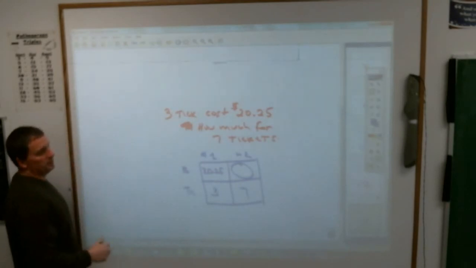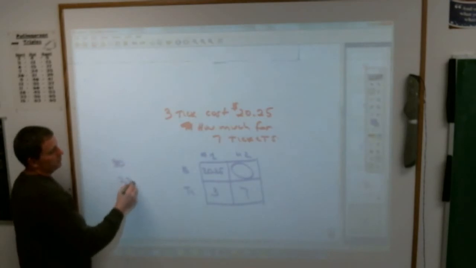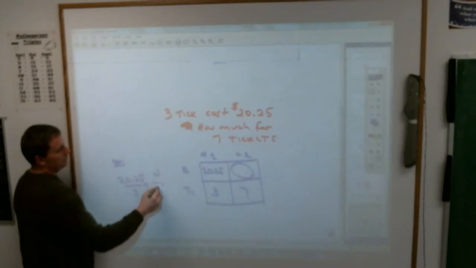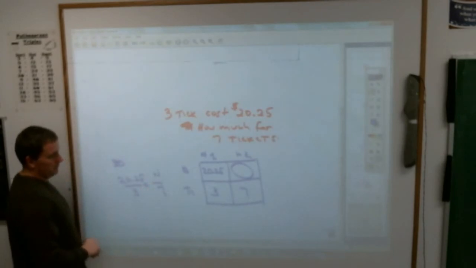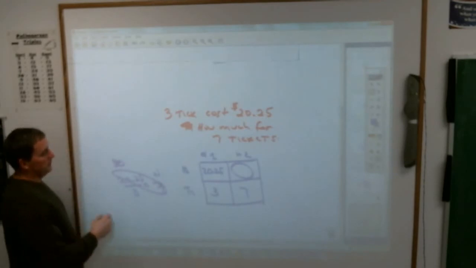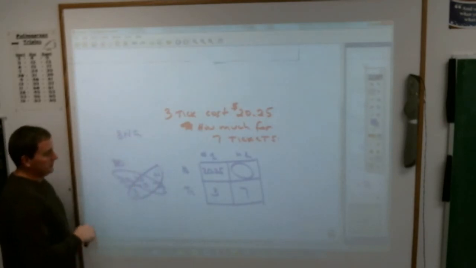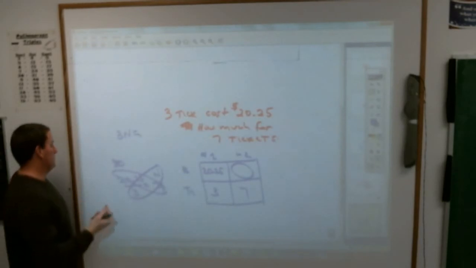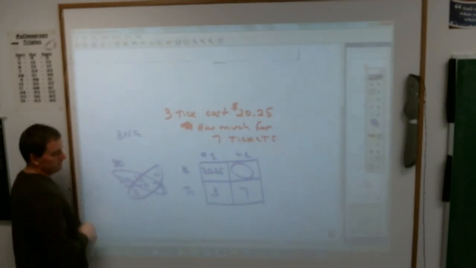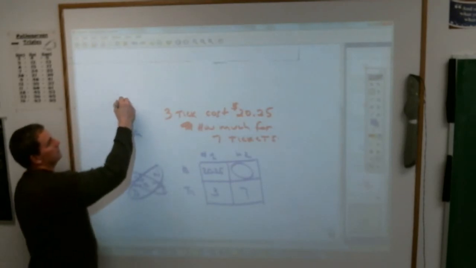This one does not work out too nicely, so we'll have to do it out. 20.25 over 3 equals n over 7. Multiplying this times this, 3 times n equals 7 times 20.25. That's 140 and $1.35, 141.75.